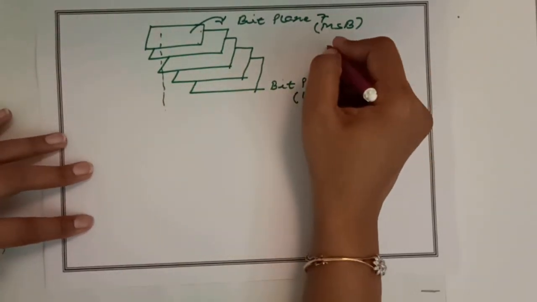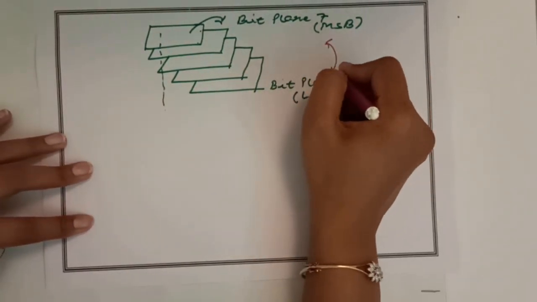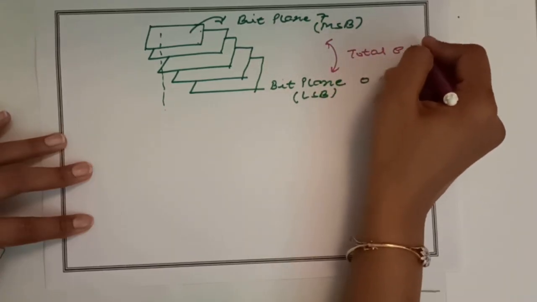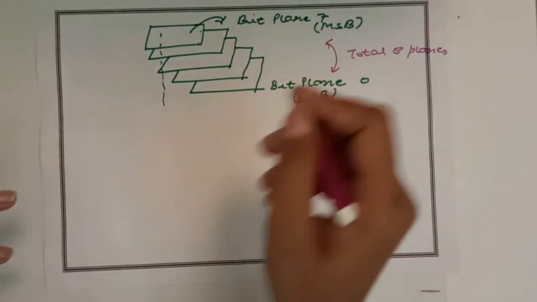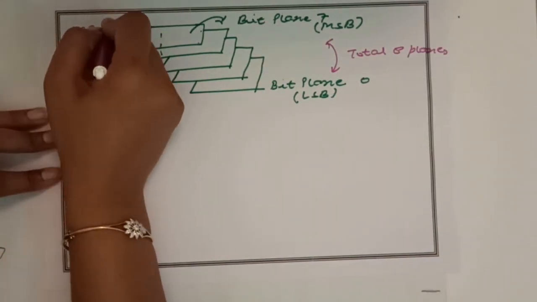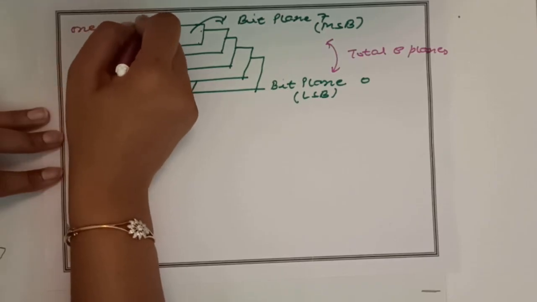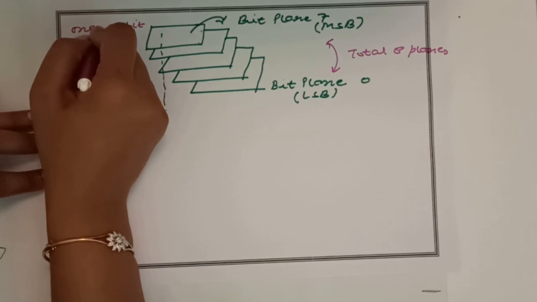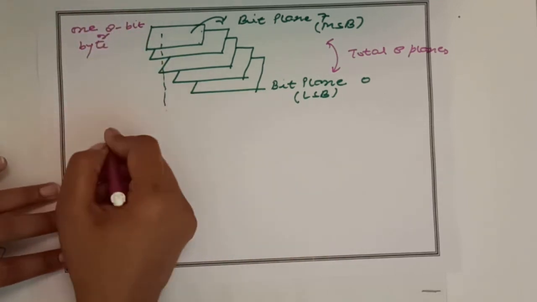In between, bit plane 0 to 7, there would be a total of 8 planes, and this is what? 1 byte, or 8 bits.